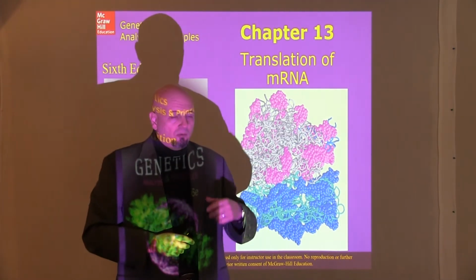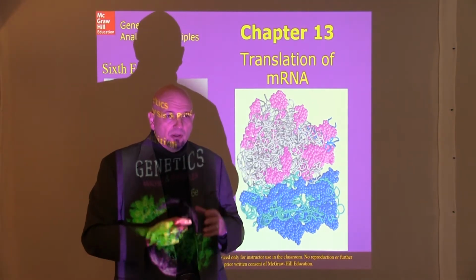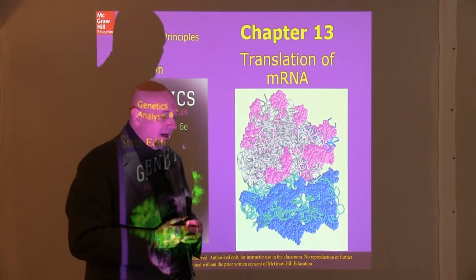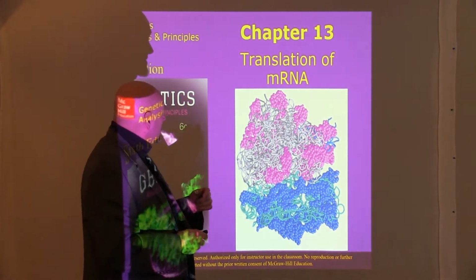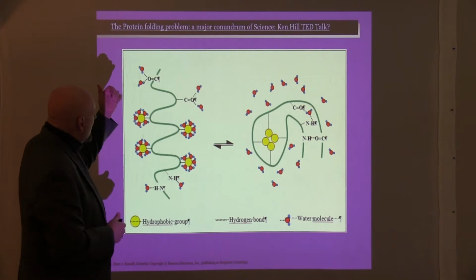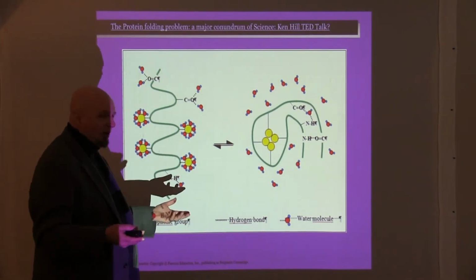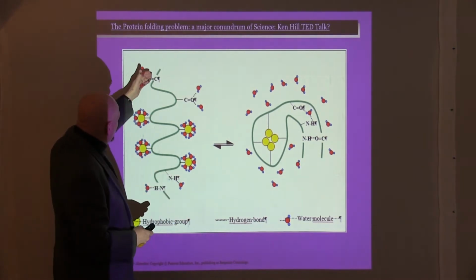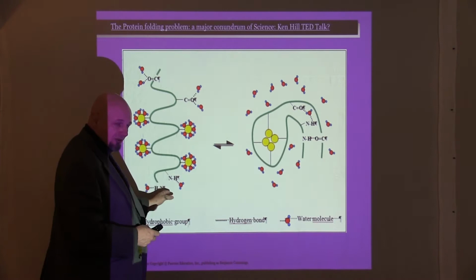Now the interesting part, we've gone a long way in understanding what this process is about. And in fact, one of the biggest questions right now is called the protein folding problem. The question now is, how do we go from a strand of amino acids?